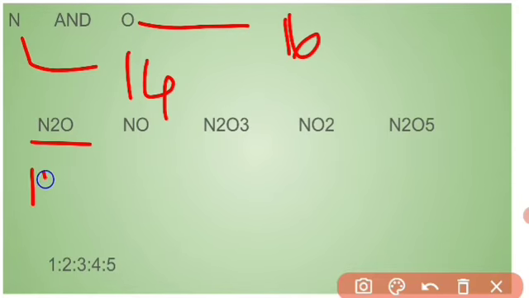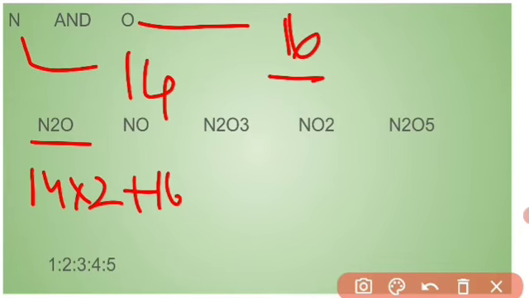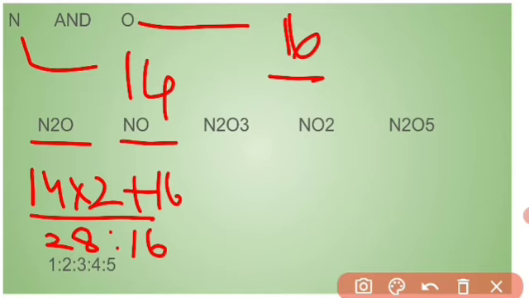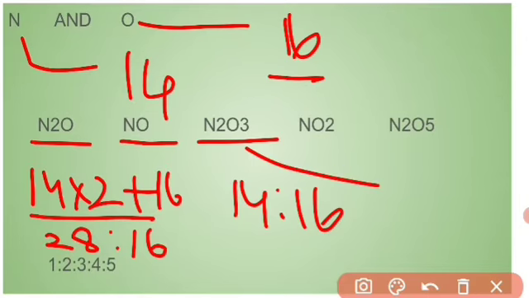N2O means 14 into 2 and 16, so you will get 28 is to 16. Now if you take NO, you will get 14 is to 16 directly. Next, N2O3: 14 into 2 is 28, and 16 into 3 is 48. So 28 is to 48.